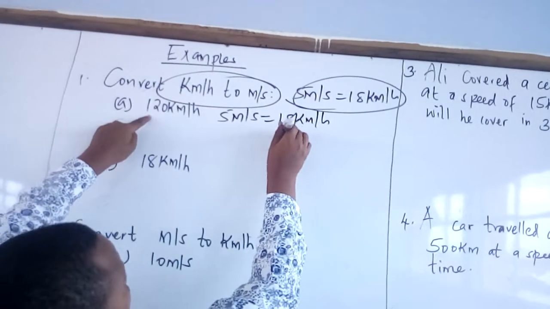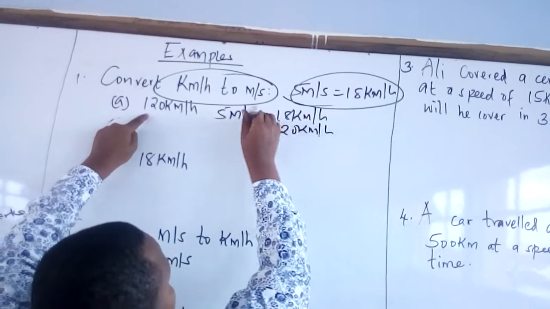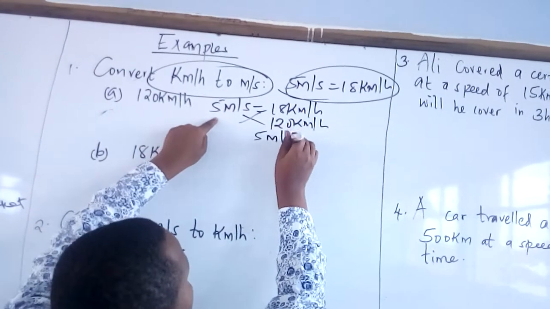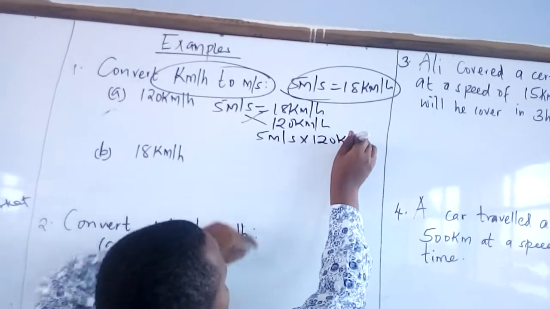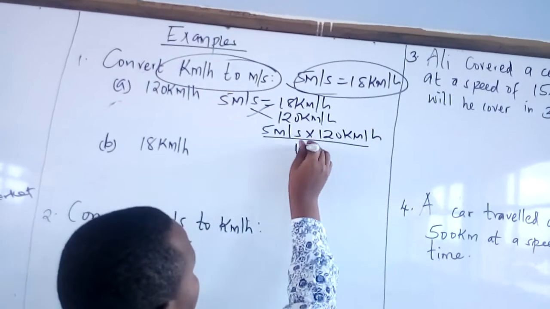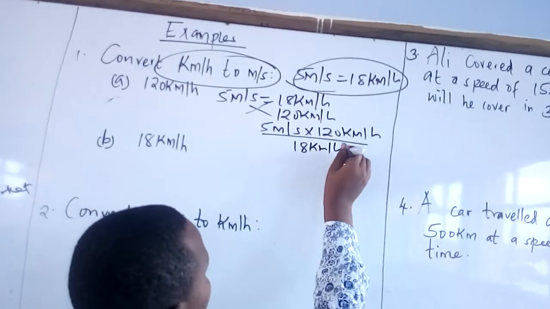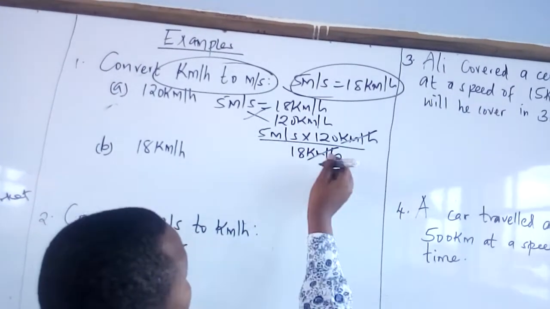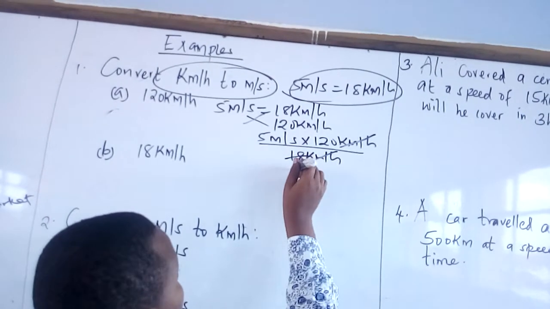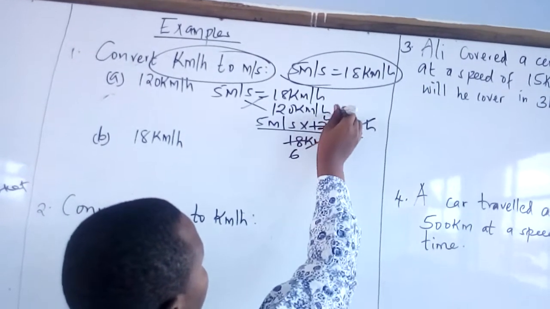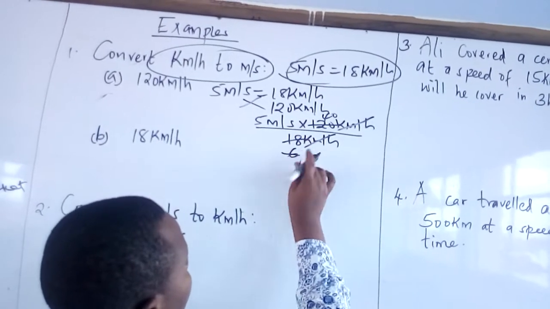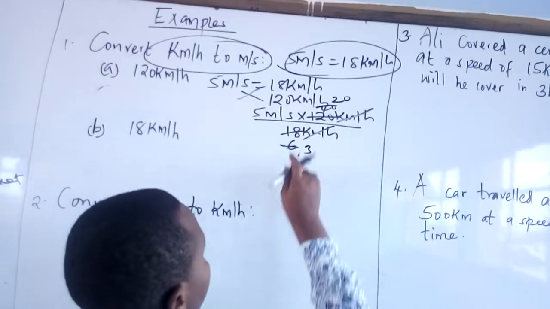What about 120 kilometers per hour? Those multiply. It will be 5 meters per second times 120 kilometers per hour, over 18 kilometers per hour. Kilometers per hour cancels kilometers per hour. So we are left with, by 3, 6, by 3, 40. Then by 2, this is 3, by 2, 20.